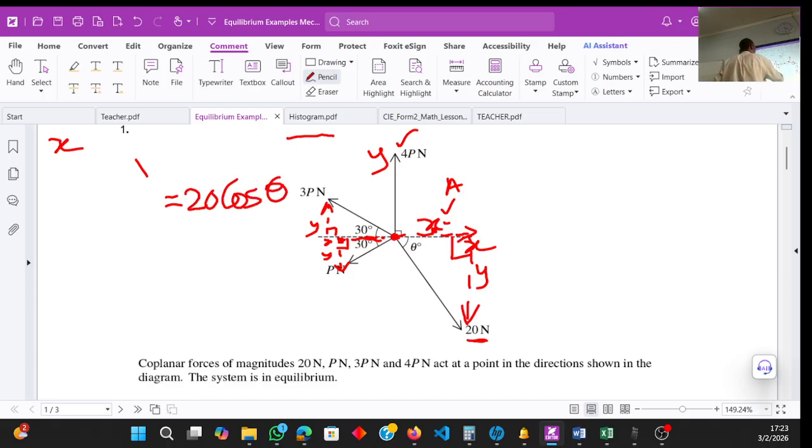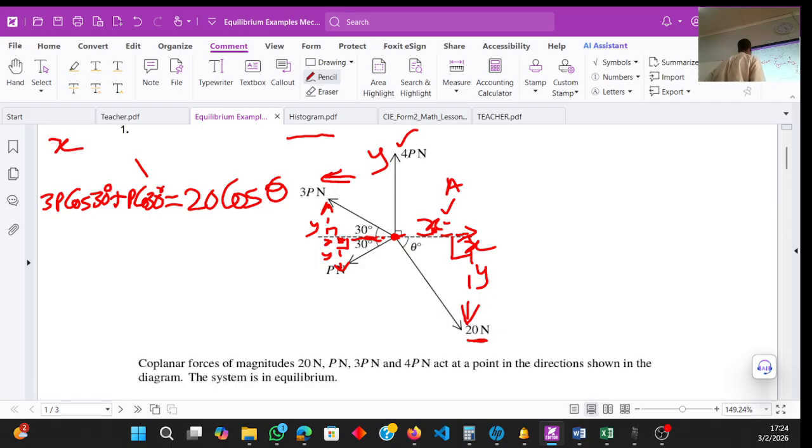And when I come to the left-hand side, which is before the equal sign, I've got two forces that I'm seeing here. One is 3p, the other one is p newtons. So when I break it down, for the adjacent side, it's going to be 3p cos 30 degrees. But remember, there's another one below, which is p newtons. Again, the adjacent side has to do with cos, so it will be p cos 30 degrees.